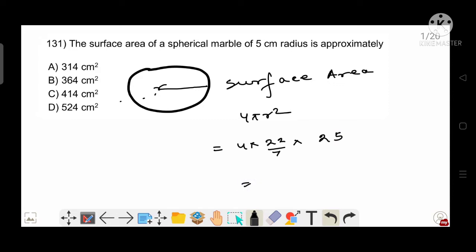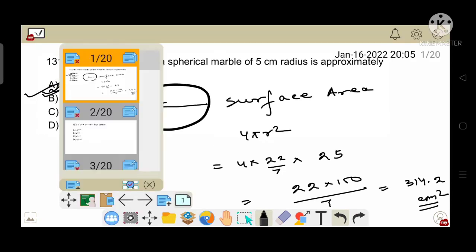So this means 22 into 100 divided by 7, which is approximately 314.2 centimeter square. Okay, so option A is correct. Moving to next.